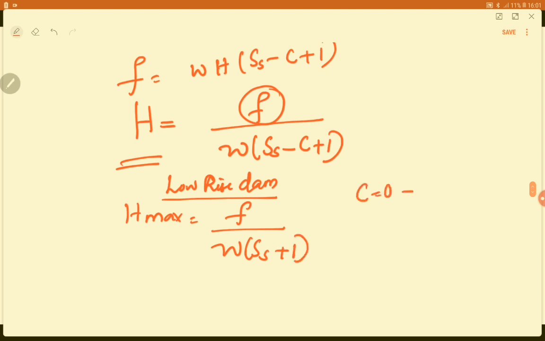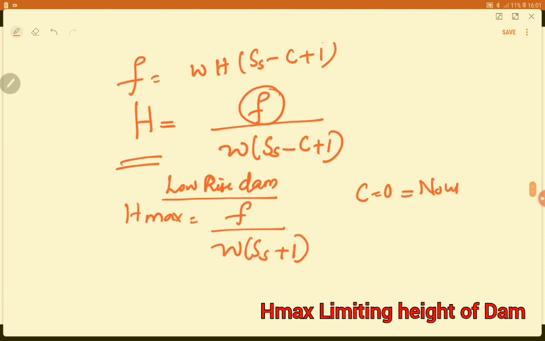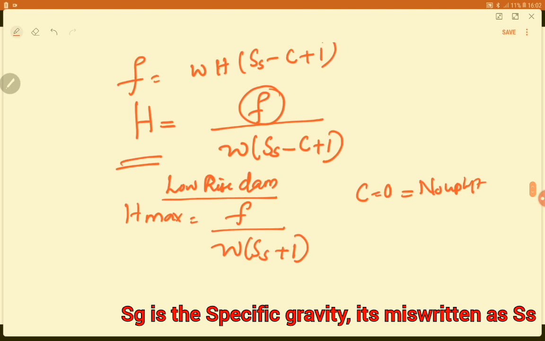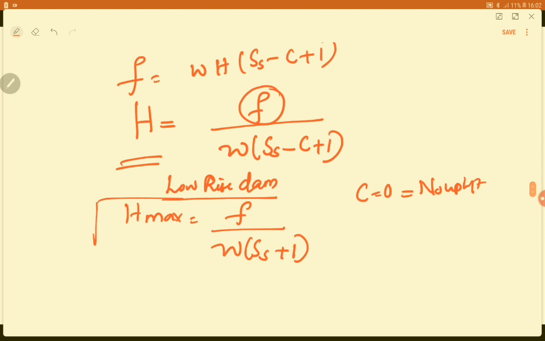C is equal to 0 means there is no uplift. In that case, the maximum possible height is equal to F by W into (SS plus 1). If this is the height of the dam, then you can say that it is a low dam.